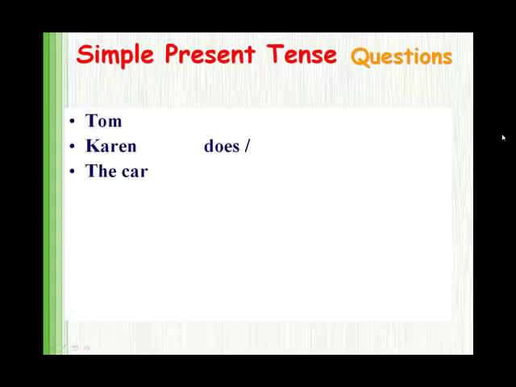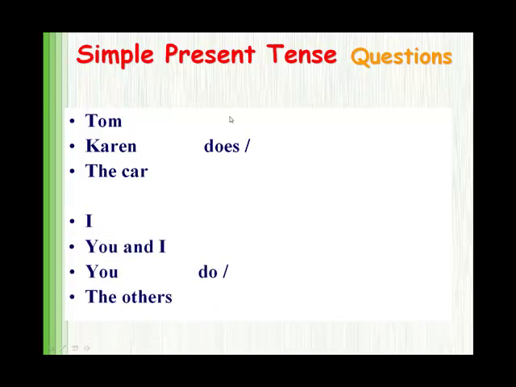That would be the same as finding in a sentence Tom, Karen, or the car. Tom would be the same as he, Karen would be the same as she, and the car would be the same as it. Some students just get confused when they don't actually see in a sentence he or she or it, but when they see other words they just don't remember that it's exactly the same, okay?